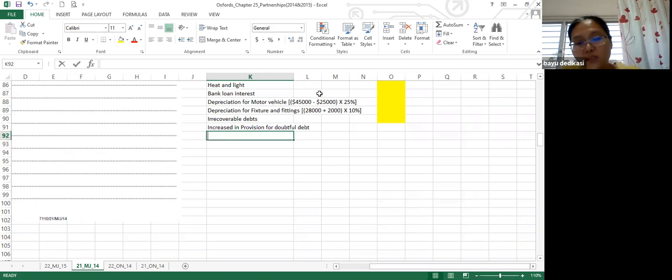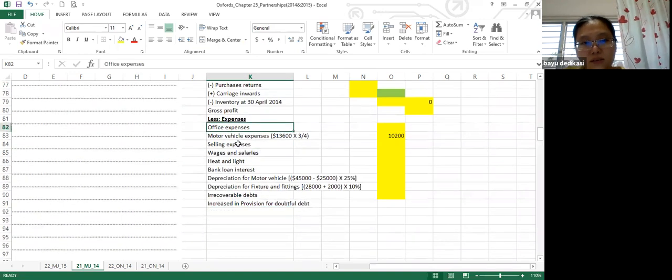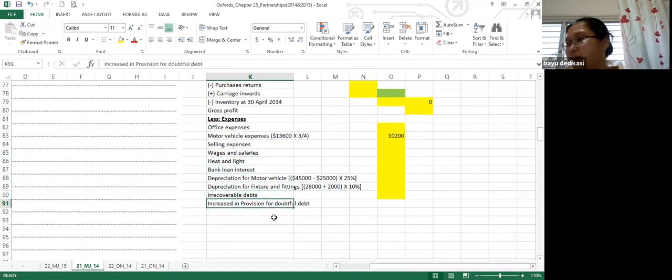Okay, the last one is your bank loan. My bank loan interest is already taken. Let me see what else. In total there are 10 items. Okay, total all in already.